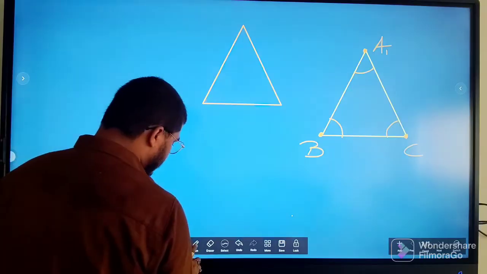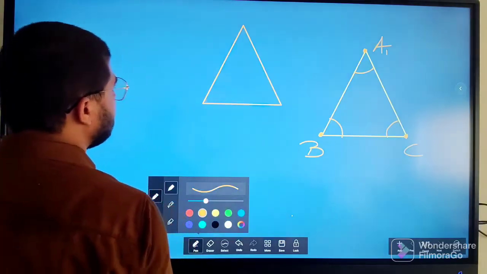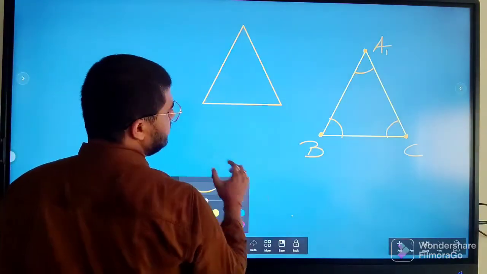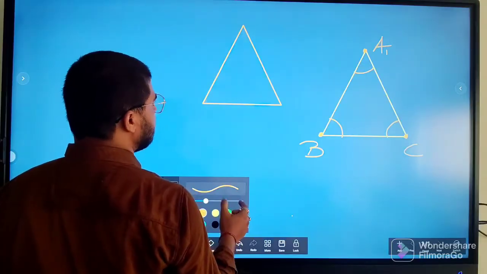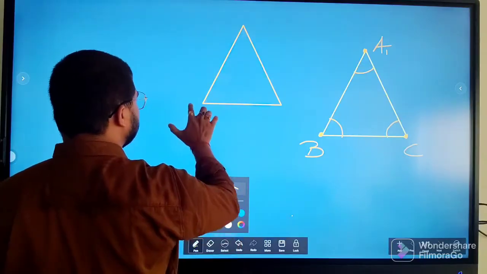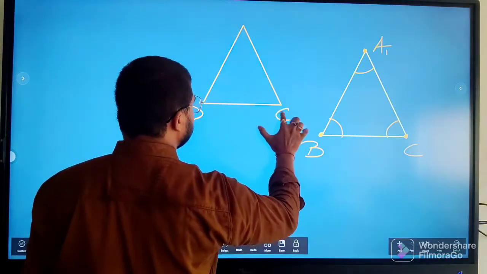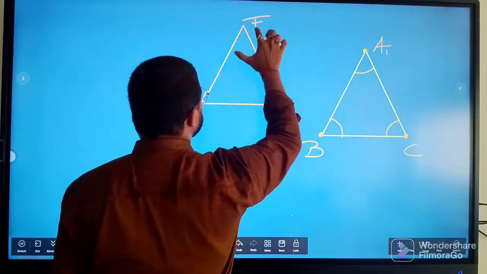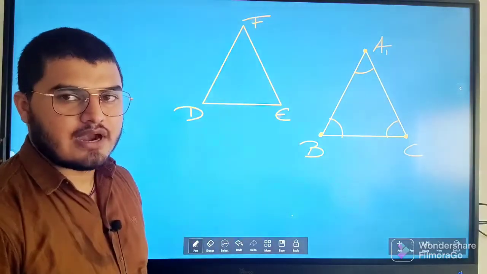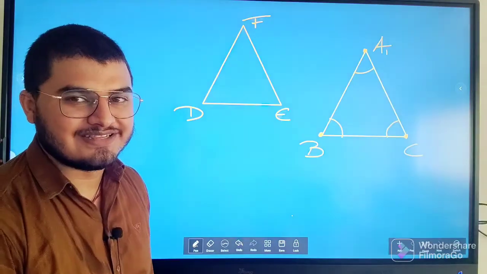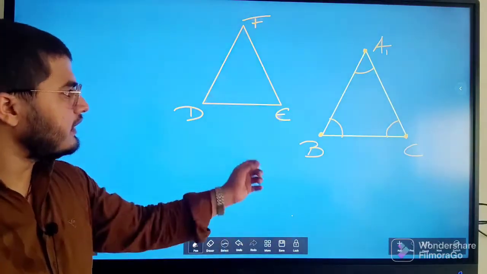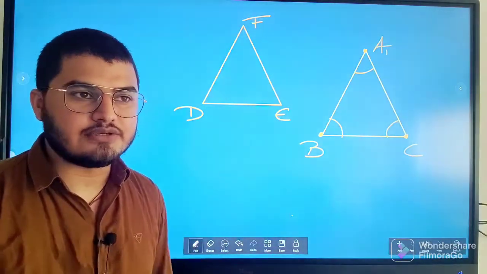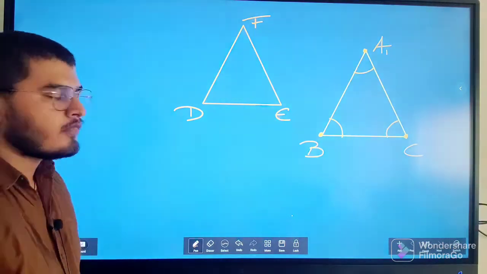Let us say there is one triangle ABC and another triangle, I am forgetting, ABCD now, D, E, F. At least I remember the ABCD. So ABC and the other triangle is DEF, right?